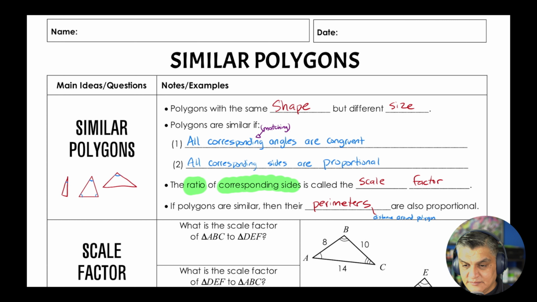Okay. Scale factor. The scale factor is just the ratio between the two shapes, between the two polygons. Right? You just got to find that ratio, and we'll get into actual numbers tomorrow. But that's all it is. If I have a model car, it's not a real car.